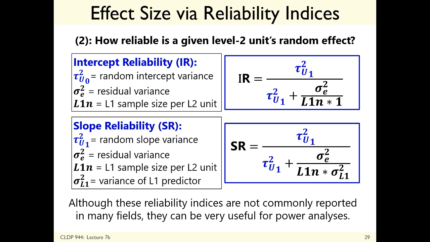Because when you're trying to anticipate values for the effects in your model to do a power analysis for sample planning, it's really hard to pull a number out of the air for how much random variance you're going to have. Because it's scale dependent, and to some extent dependent on your sample sizes. And so these numbers can help you do that. That's a situation in which I've used these before.